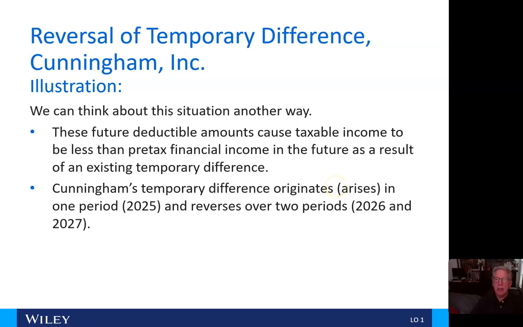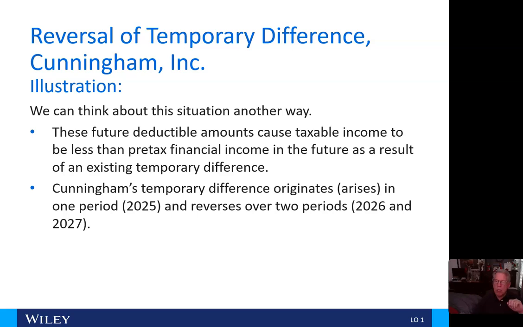Okay, so we can think about this situation another way. One, these future deductible amounts cause taxable income to be less than pre-tax financial income in the future as a result of an existing temporary difference.